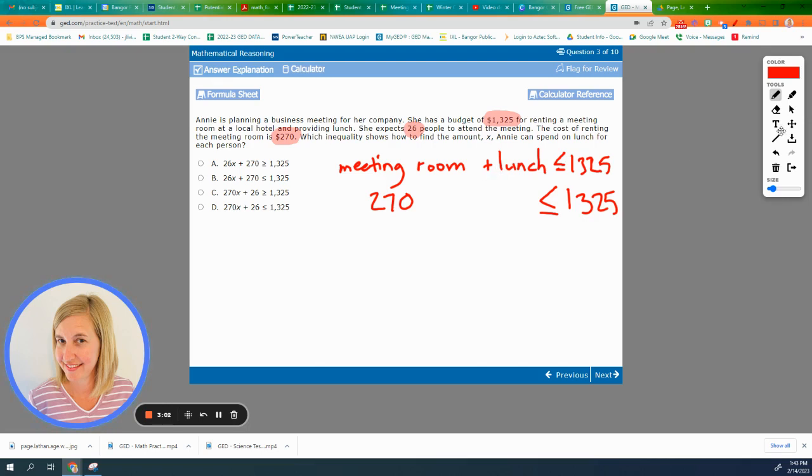So all that's really left now to calculate here is how do we figure out the cost of lunch? Well, total cost equals number of people times cost per person, right?